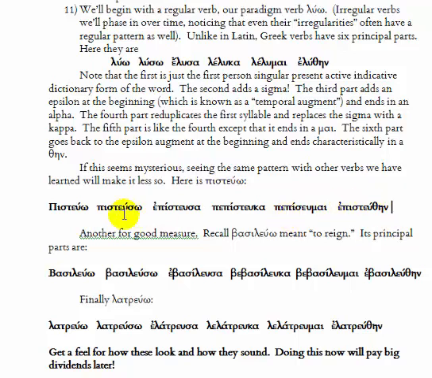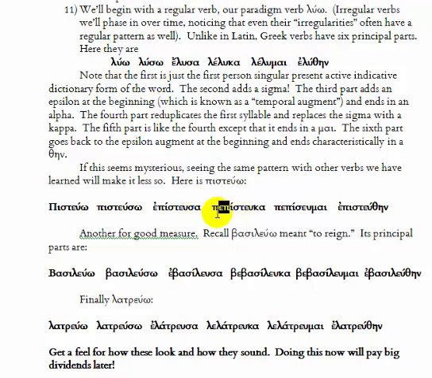How does it go? Well, remember, luo was luo, luso, elusa, leluka, lelumai, eluthane. So pistuo is pistuo, pistuso, epistusa, pepistuka, pepistumai, epistuthane. Do you see the pattern here? Just like with luo, we stick a sigma in the second one. We put an epsilon and then an alpha on the third one.